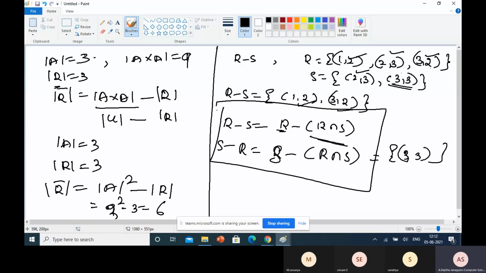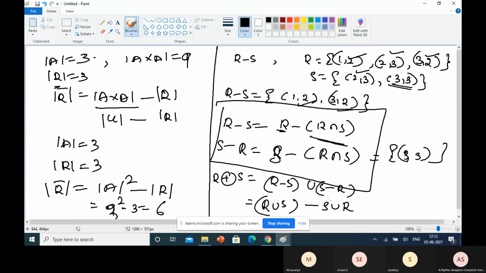So the next one is symmetric difference. This is equal to R minus S union S minus R. Otherwise, like this also: R union S minus S intersection R. Both of these two are the same.